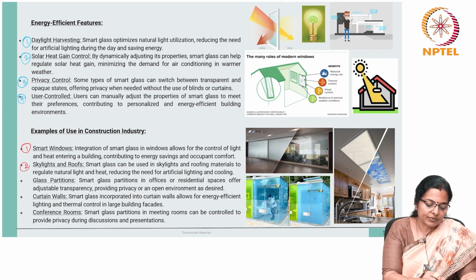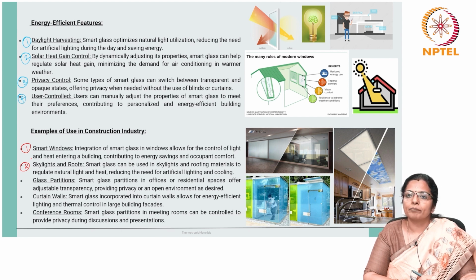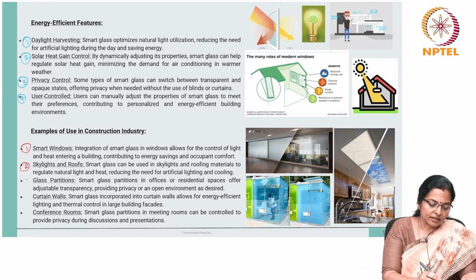Second is skylights and roofs. Smart glass can be used in skylights and roofing materials to regulate natural light and heat, reducing the need for artificial lighting and cooling.